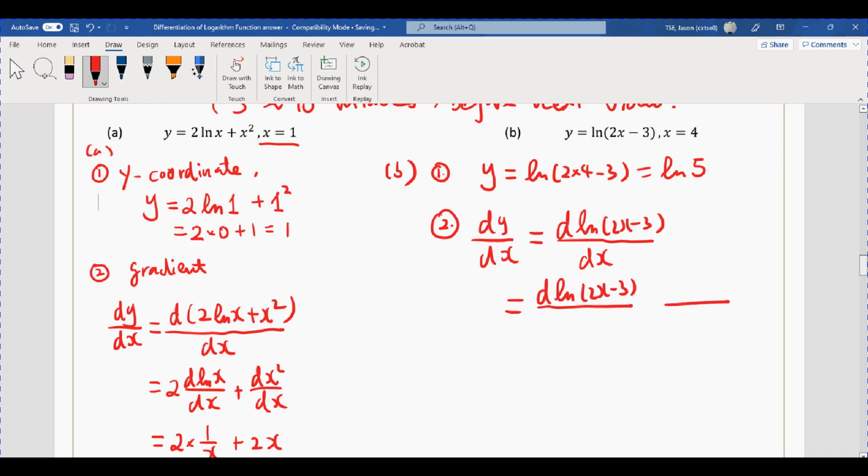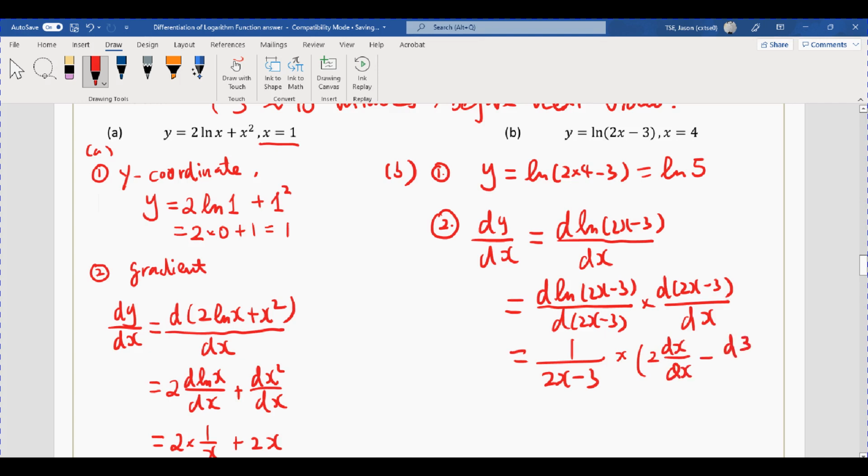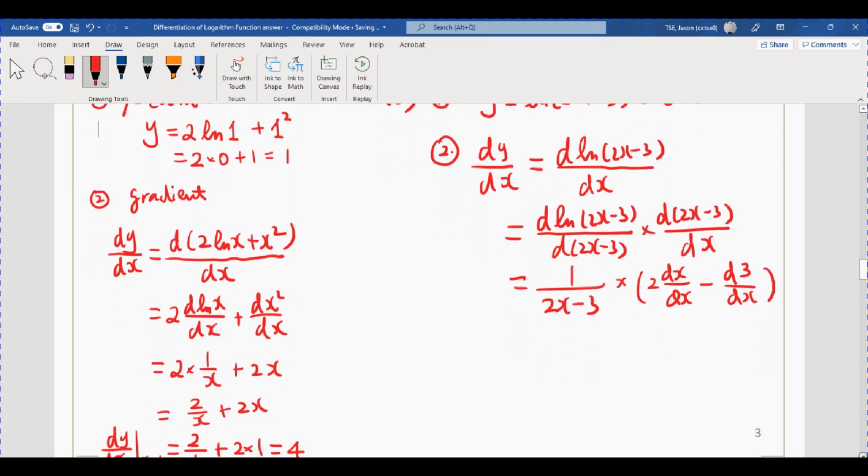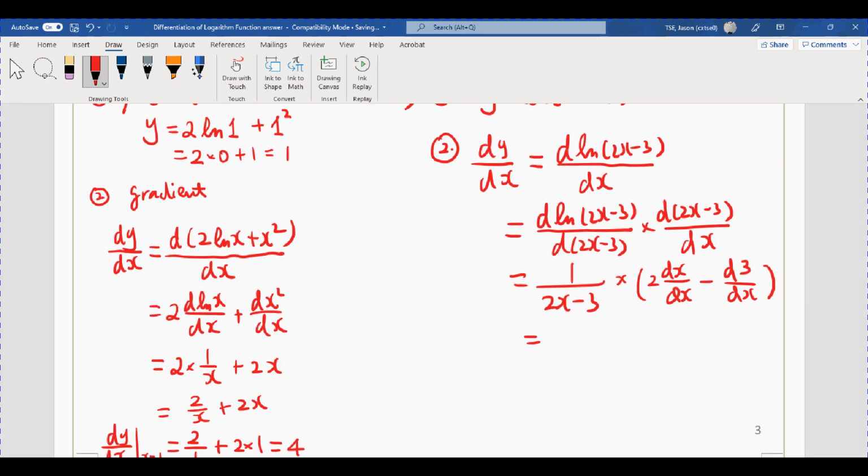So that means you need to rewrite it. So that's 1 over 2x minus 3. And for the second part, you can do things like this, and so it will become 2. That part is 0. So this is 1, this is 1. So 2 times 1 minus 0 is 2, right?